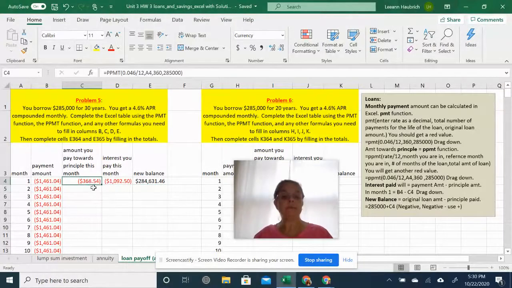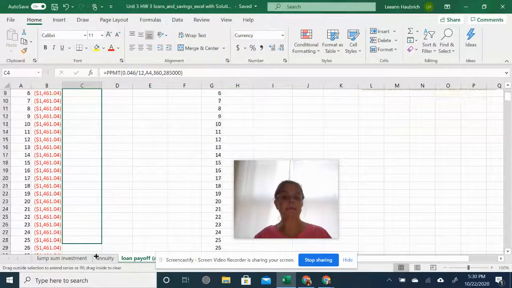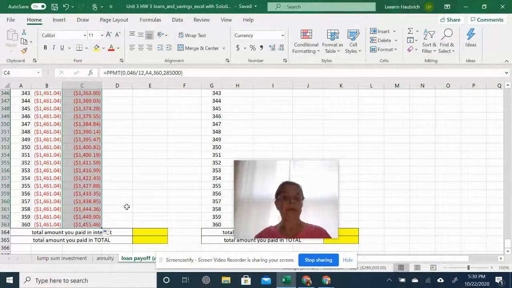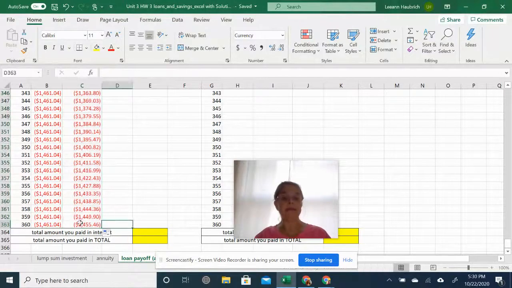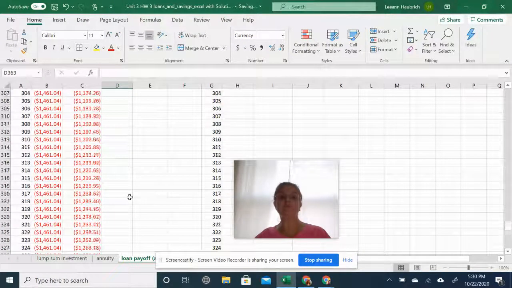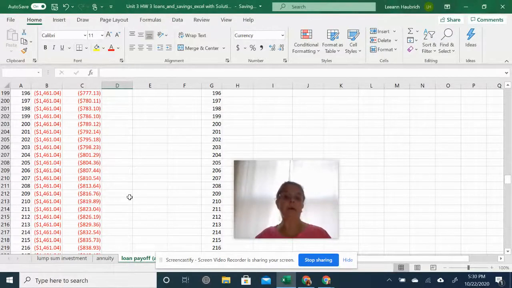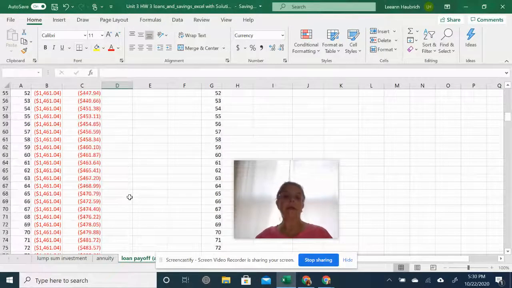And just like we did before, I could grab the corner of this, go all the way down to the 360 months, and stop there. Now at the end, see how much of this $1,461 is principal? So near the end, you're really paying a lot off in principal and very little off in interest.